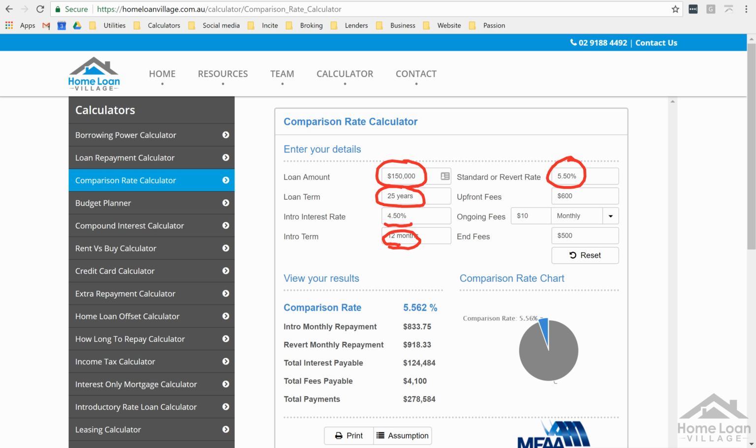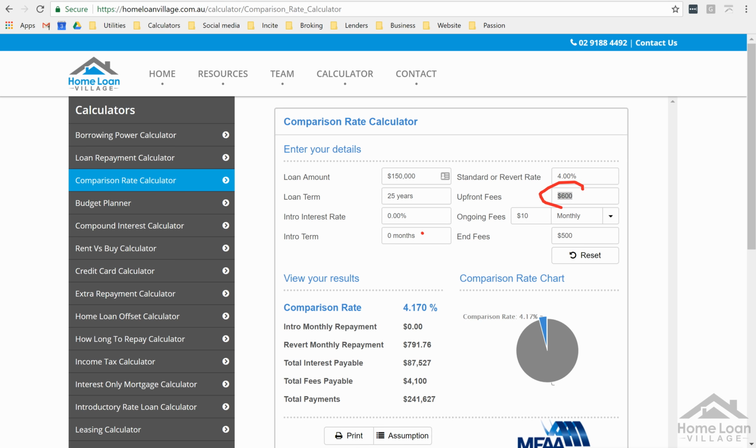Now, if you want to take out that fixed rate period, i.e. if you want a period with no fixed rate, so just a variable, say 0 months, it doesn't really matter what's in there. So then this top right, standard or revert rate, would become the actual variable rate. So for this example, let's say 4%.